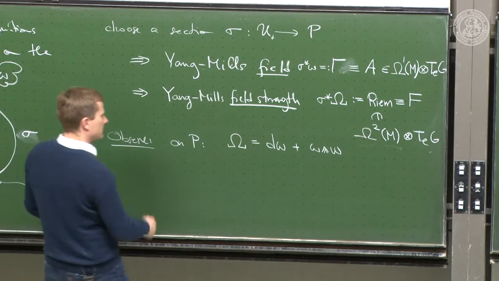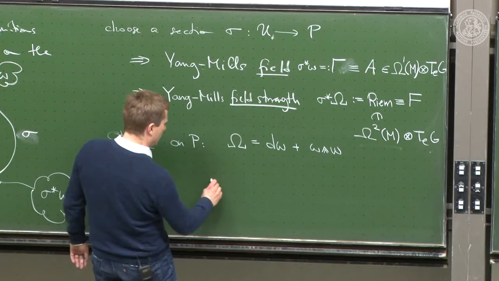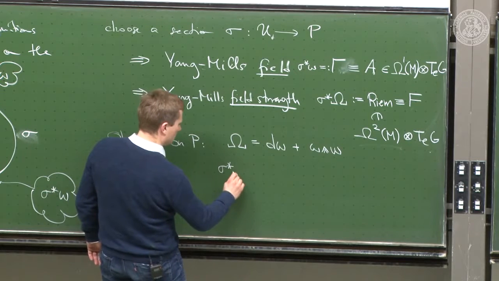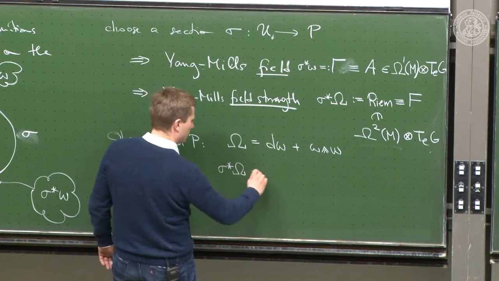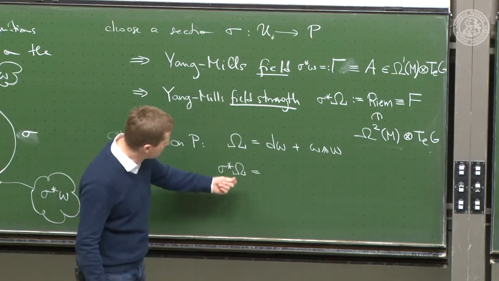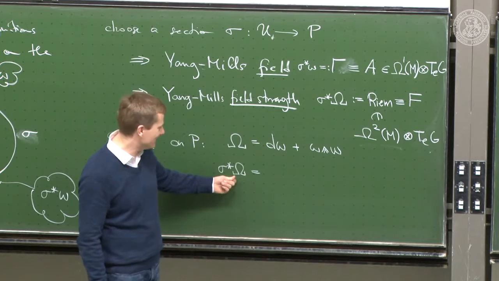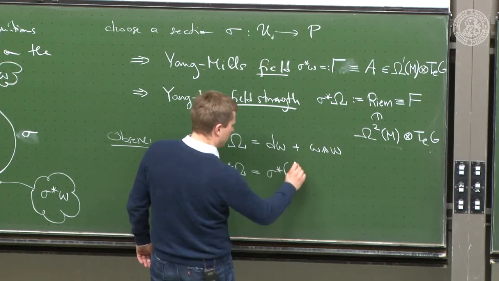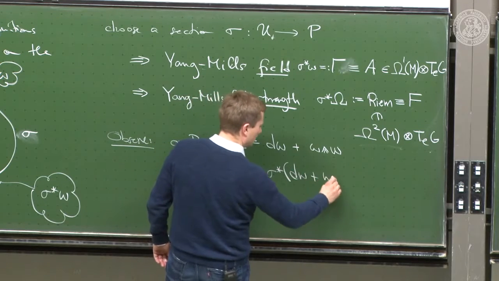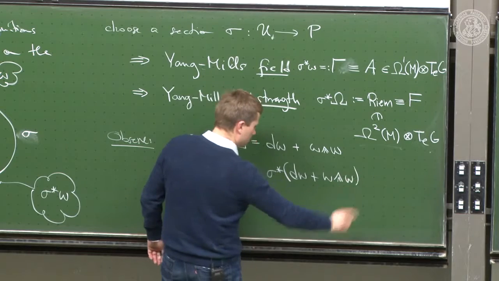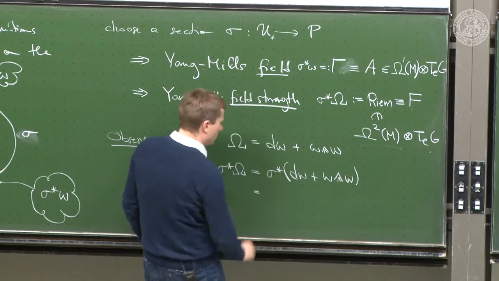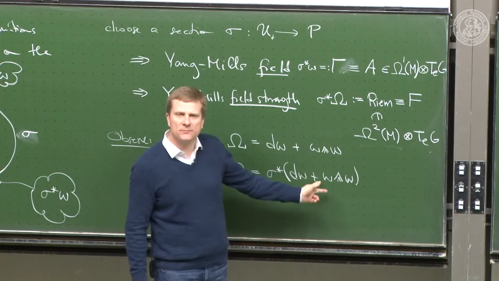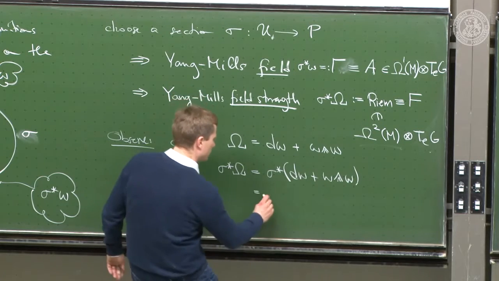Now, if you push this down, so say we really look at the pullback of this field strength, of the curvature to the field strength, then, of course, this is the pullback of the right-hand side. But now, the pullback is, of course, linear. That means it distributes over this plus.